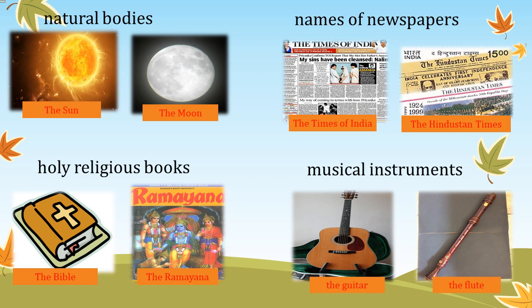We also use the before names of newspapers, the Times of India, the Hindustan Times. We use the before the names of musical instruments. For example, the guitar, the flute.